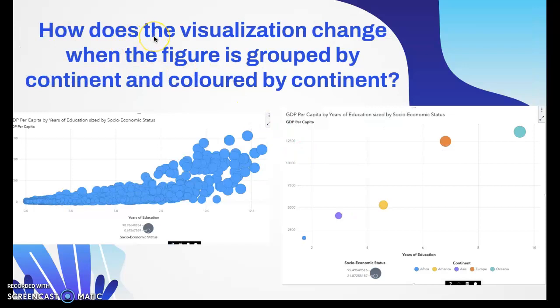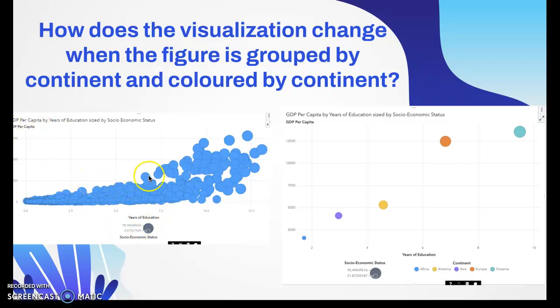How does the visualization change when the figure is grouped by continent and colored by continent? So grouped by continent is a much more aggregate look at socioeconomic status, years of education, and GDP per capita.